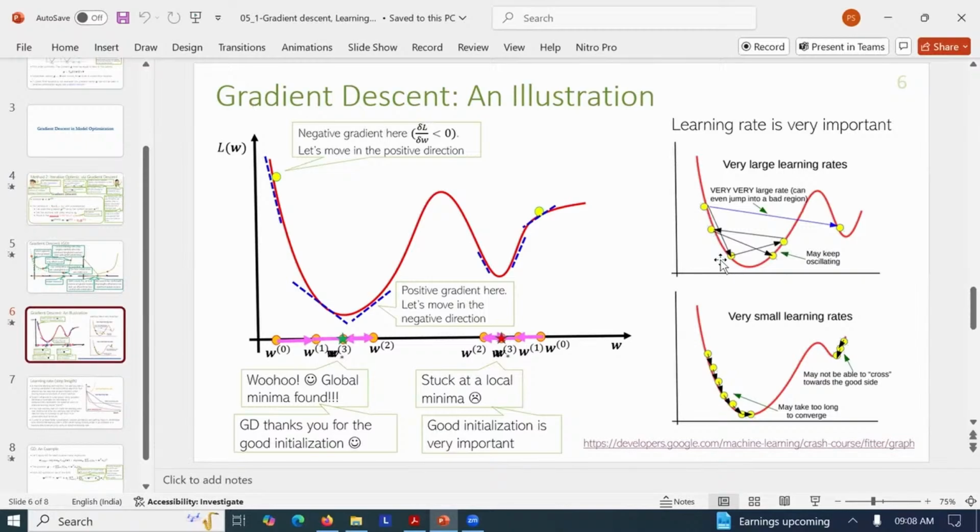This side we will have a negative gradient, and this side now we have a positive gradient, which means you will again make a big jump, right? So you will start oscillating around this position, because one side you have a positive gradient and the other side a negative gradient. Positive, negative, positive, negative. That's why you will start oscillating around this position, right?